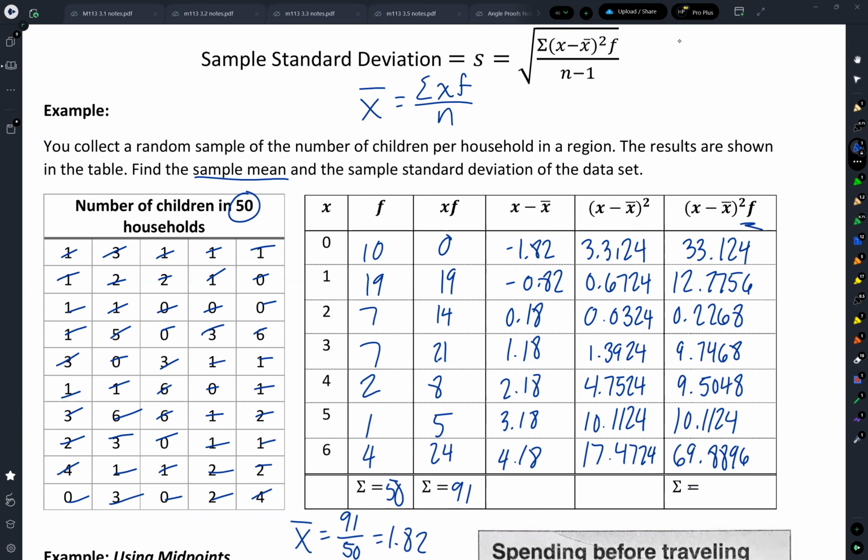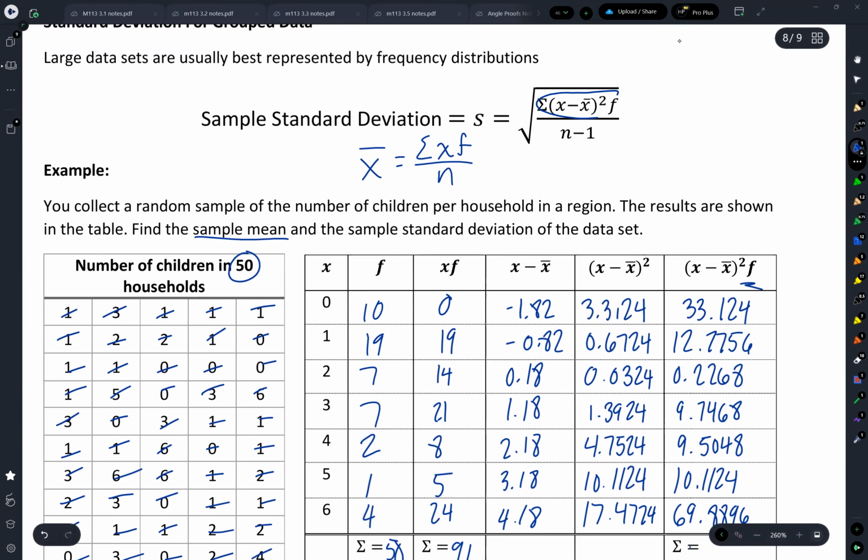So we'll add all these up together to get the sum at the bottom of this last column, which is the same as the numerator of the fraction in the formula we're going to be using for sample standard deviation.